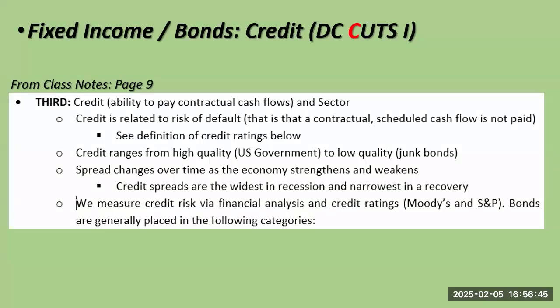Double B bonds are known as junk bonds. We'll look at some of these definitions. So junk bonds start at double B, but most double B bonds have, I don't know, a 20-30% chance of defaulting in the next 10 years, but a good 70-80% chance of making it. So double B is not bad. There are a lot of double B bonds that are perfectly fine.